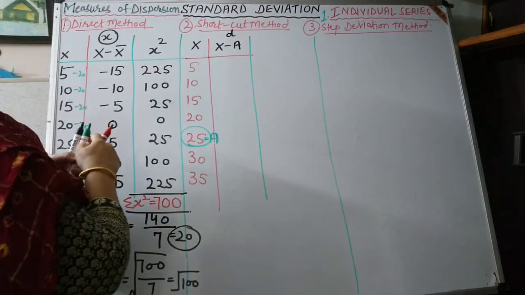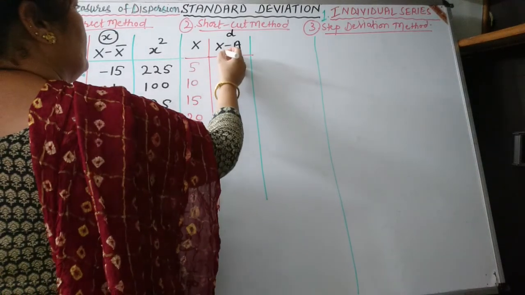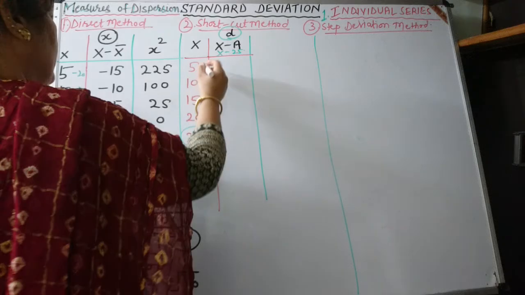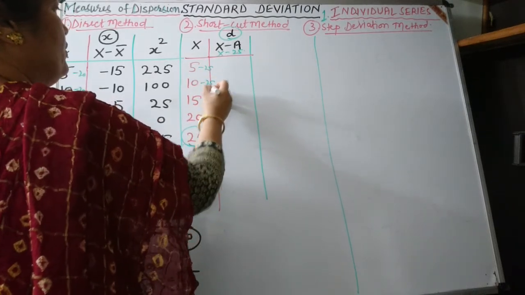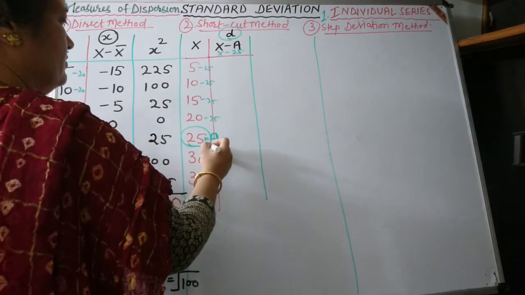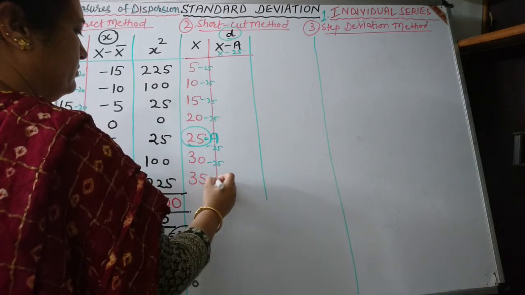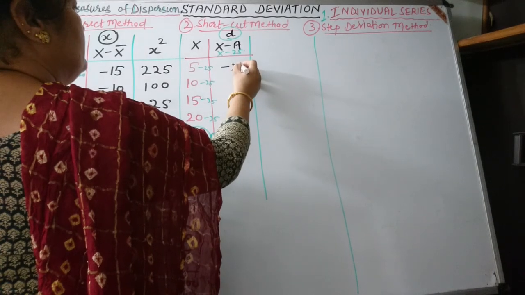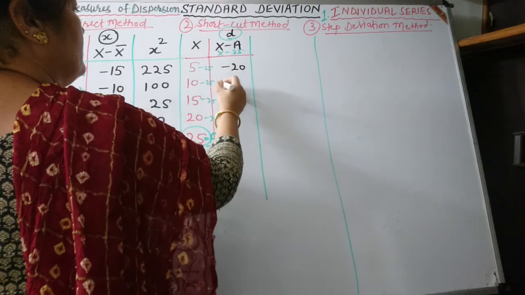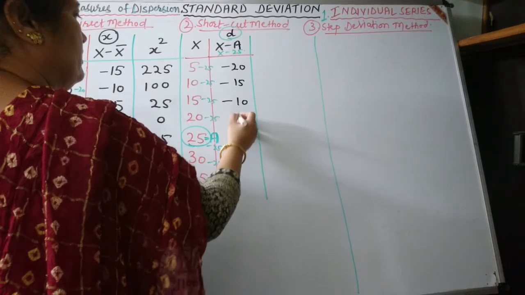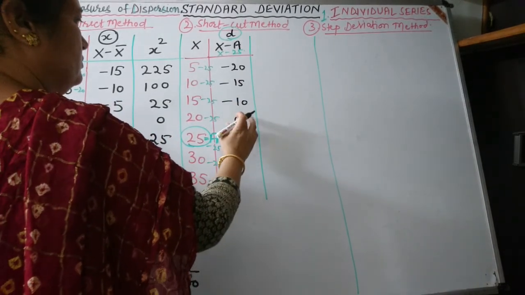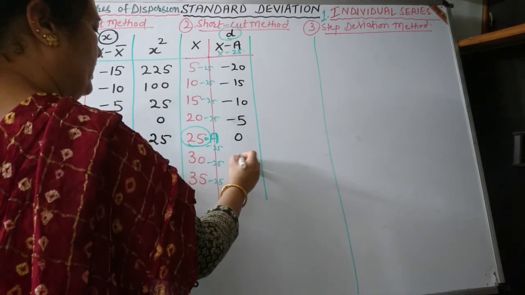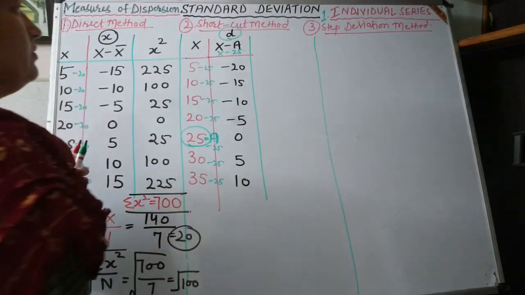It means assumed mean is 25, x minus 25. So 25 will be deducted from all the values of x. The calculations will be minus 20, minus 15, minus 10, 0, minus 5, 0, 5 and last one is 10.